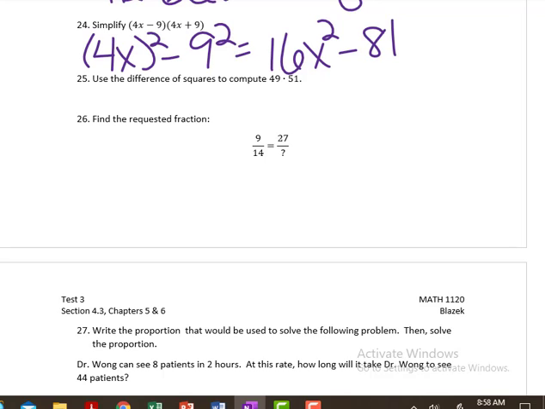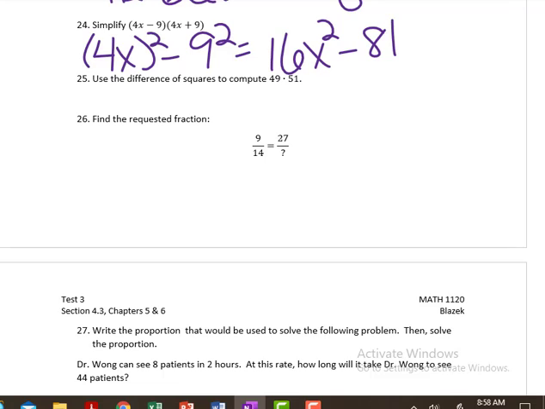Now, this can help us when we are doing questions like 25, which specifically says use the difference of squares to compute 49 times 51, which is used to help us use common numbers to square to find this product.